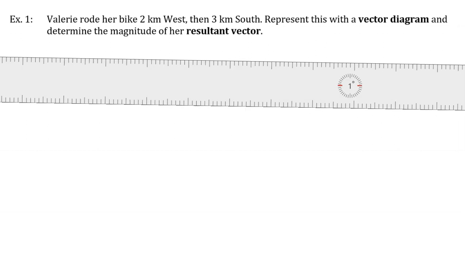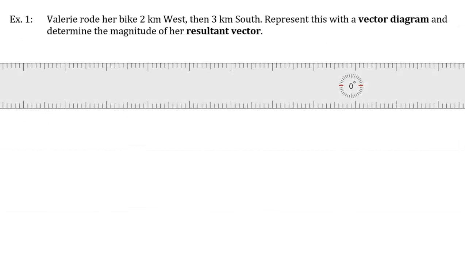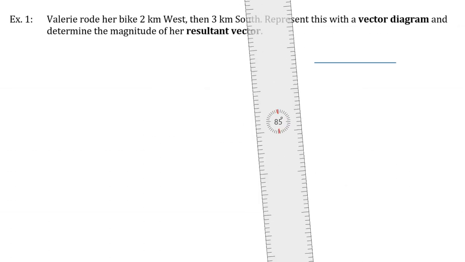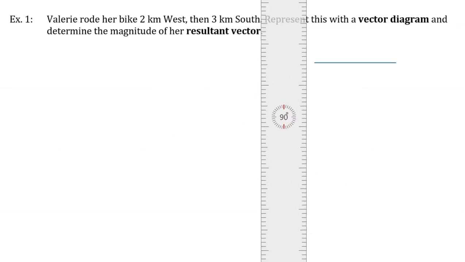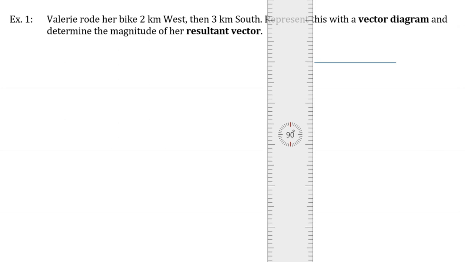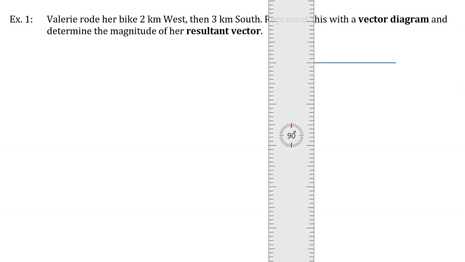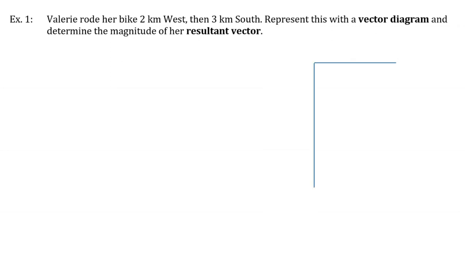And I'm going to use our general idea of which direction on the page west goes. So there's 2 kilometers west. And I'm not doing this perfectly, but approximately 1, 2, 3 kilometers south.